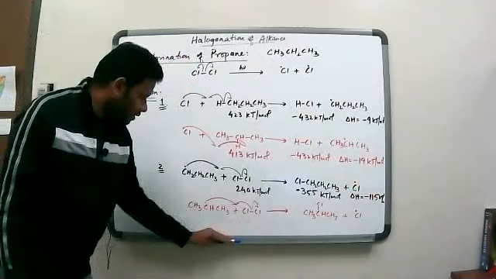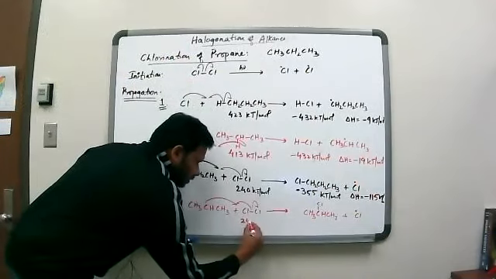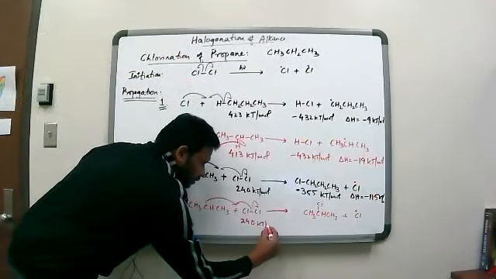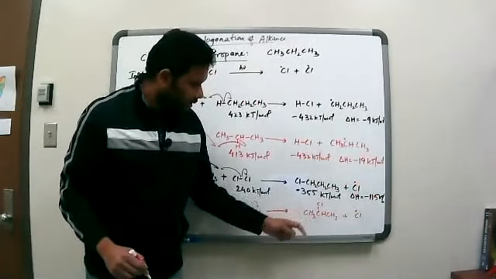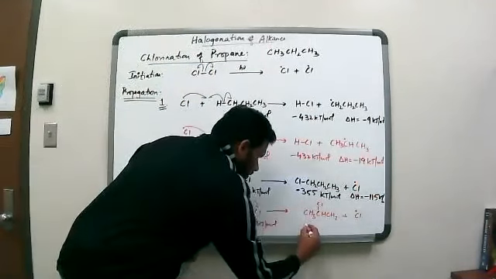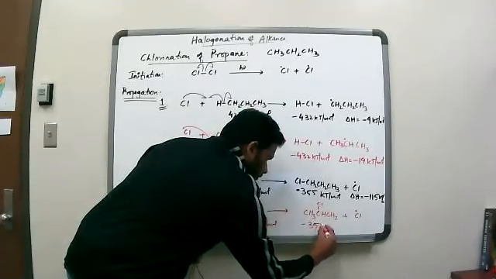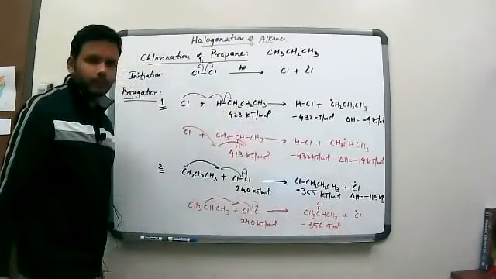And similarly, we can do it for this here. So to break the chlorine-chlorine, it's the same number, 240 kilojoules per mole. To make a secondary carbon and chlorine bond, it's negative 356 kilojoules per mole.